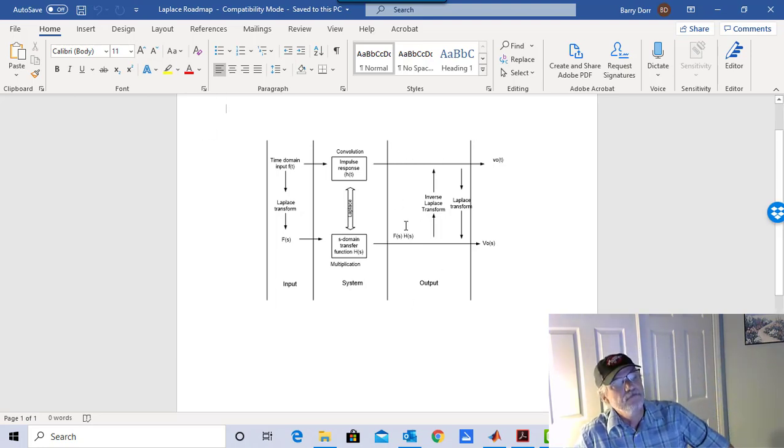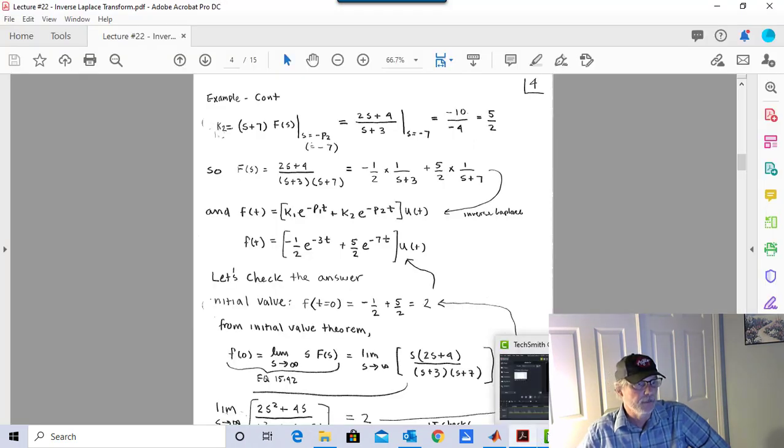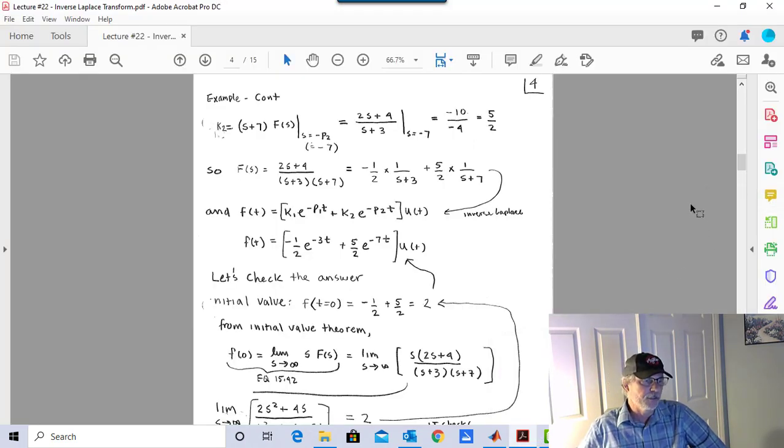All right, so we got our full time domain function from the inverse Laplace transform. Now we're going to do the initial and final value theorems just to see if they check and they agree at t equals 0 and t equals infinity.